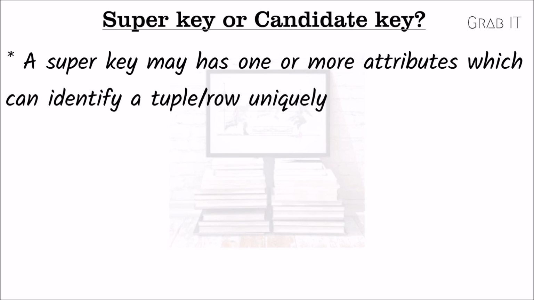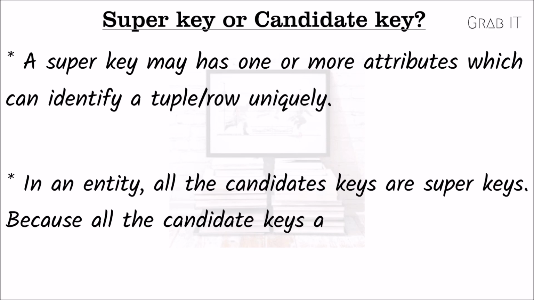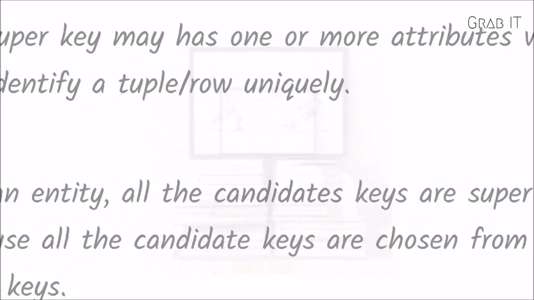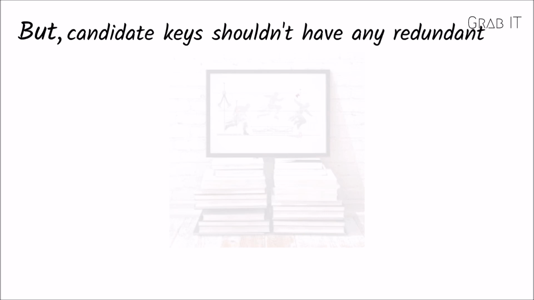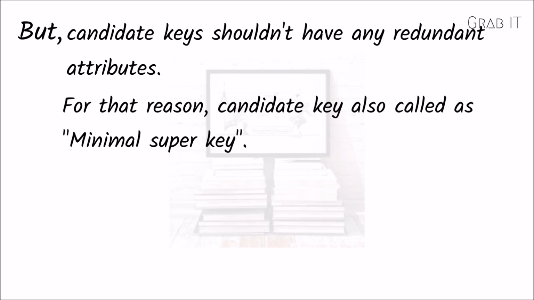In an entity, all the candidate keys are super keys, because all the candidate keys are chosen from the super keys. But candidate keys should not have any redundant attributes. For that reason, a candidate key is also called a minimal super key. That means it should not have any link with the other attributes.